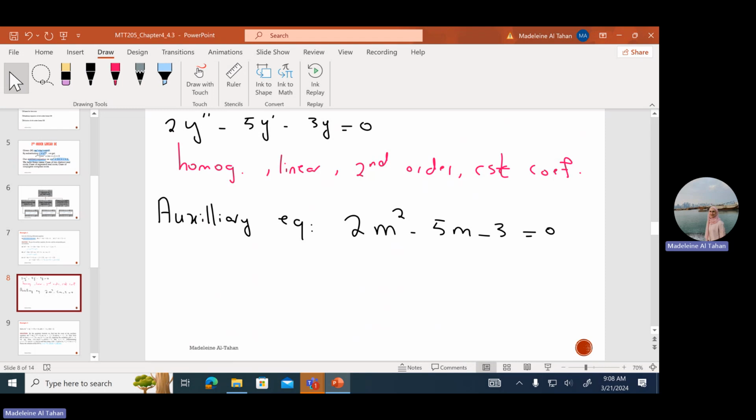We have more than one option, and you are free. You have the right to use any of the methods, either the delta or factoring. So what do we need to use?